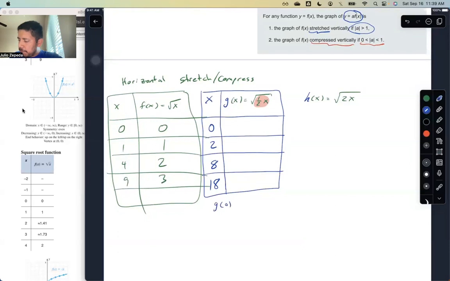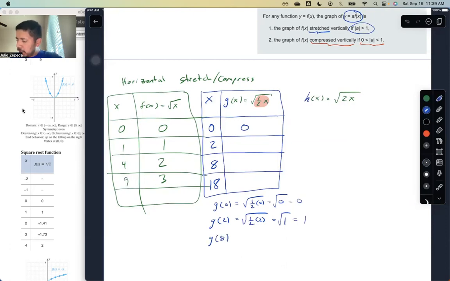So g of 0 is equal to the square root of 1/2 times 0. This is the square root of 1/2 times 0 is 0, and so that's 0. G of 2 is equal to the square root of 1/2 times 2. When we half 2, we get 1. The square root of 1 is 1.